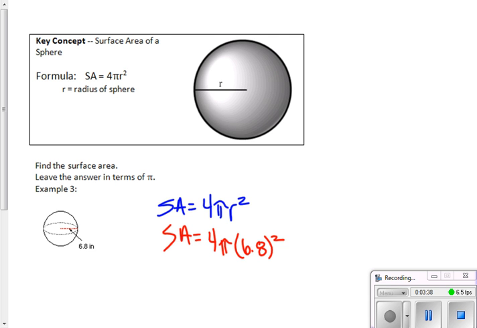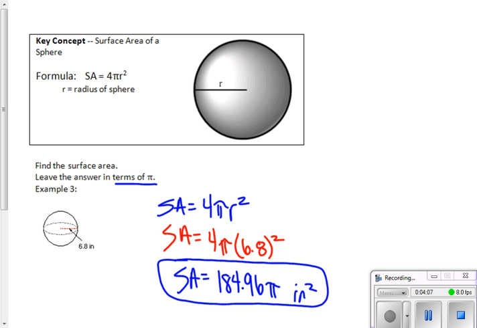Do our computation here. Everything is being multiplied. Order of operations, I'd take care of 6.8 squared. I would multiply that by 4, and I would have my surface area in terms of pi, which would be 184.96 pi, because we didn't multiply by pi. We are going to leave in terms of pi for an exact answer. And then we would have inches squared being our label there for example 3.